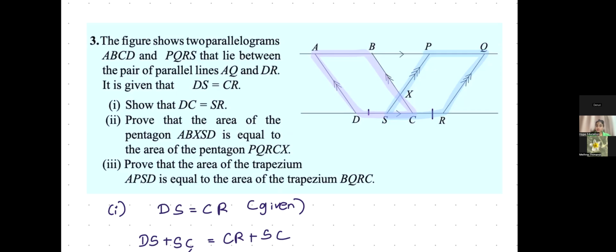Denuri, what do you think? Yes. Do they have the same base? What do you say about that? Do they have the same base? Okay. Metna, what do you think?